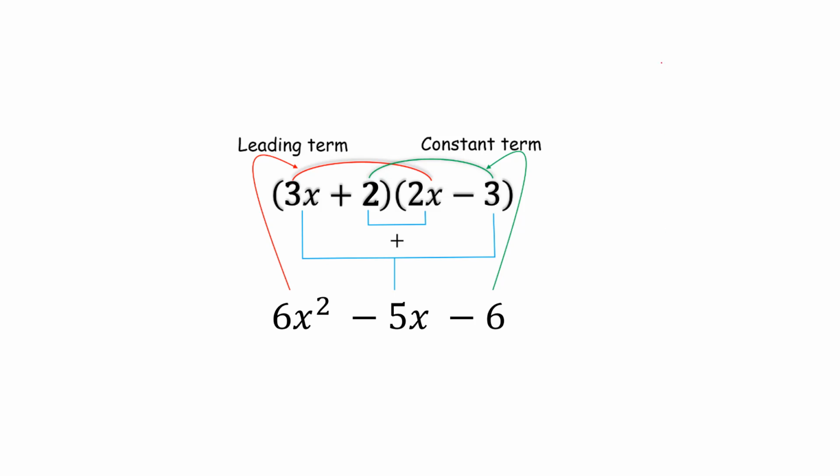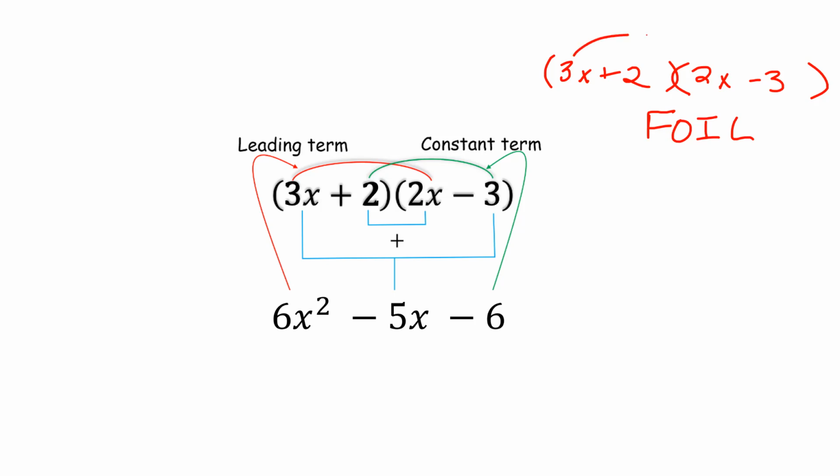So remember that when you multiply two binomials like this, 3x plus 2 times 2x minus 3, we use what we call the FOIL method. You multiply the first two numbers, then you multiply the outer numbers, then you multiply the inner numbers, and then you multiply the last numbers. All right, and that is how these values come about.